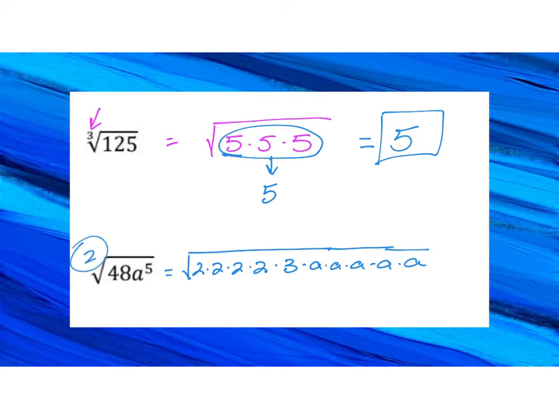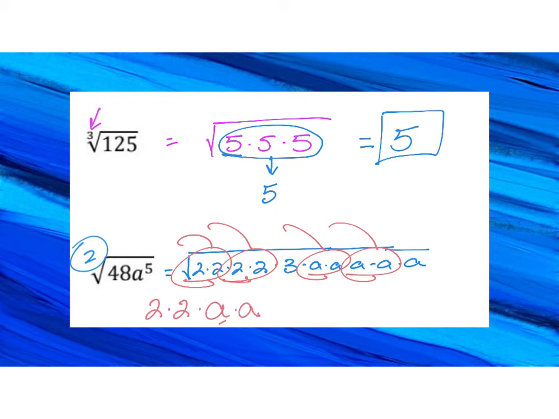So let me switch up colors here. So a group of 2, a group of 2. I cannot circle the 3 because it doesn't have a pair. Here's another group and another group. So everything that I circled is able to come out to the front. So that leaves me 2 times 2 times A times A. And then 3A is left over under the radical because I did not circle it.